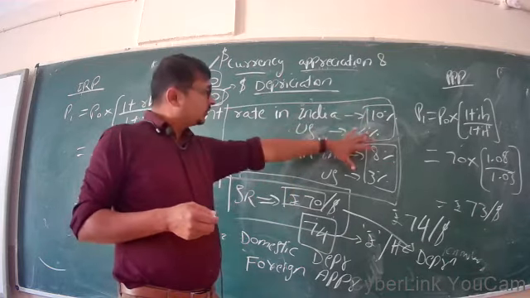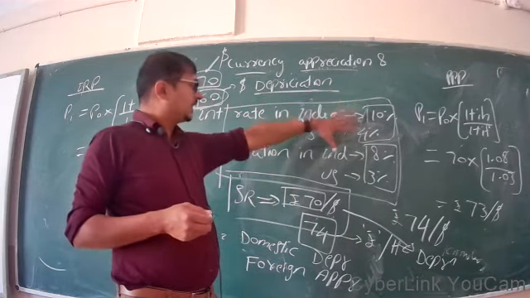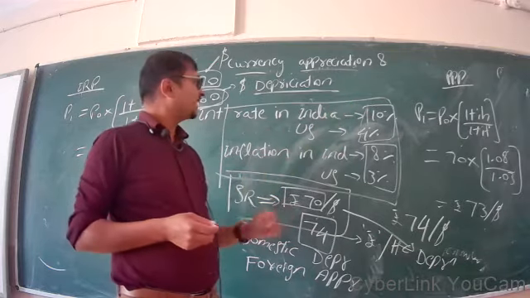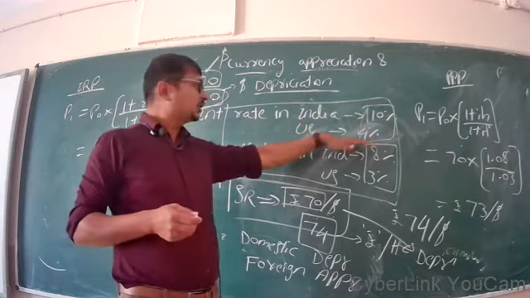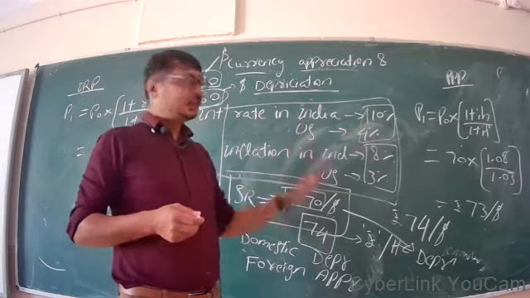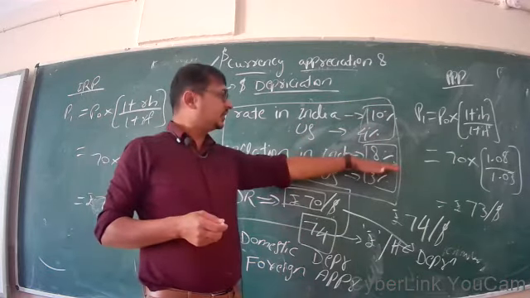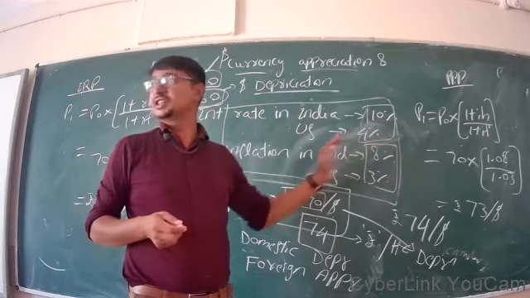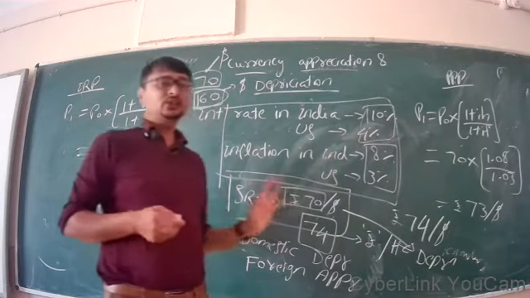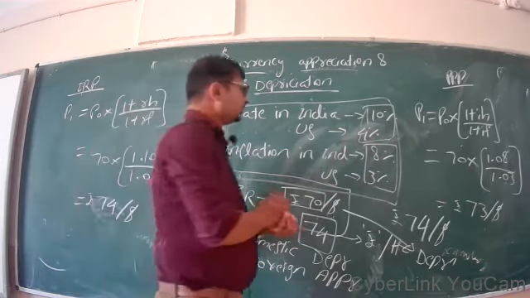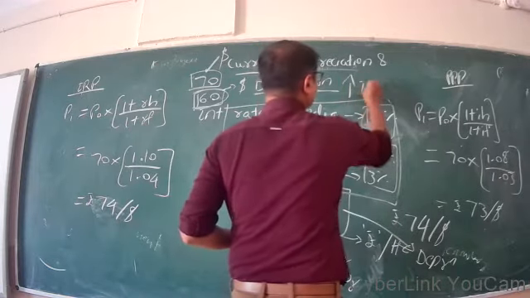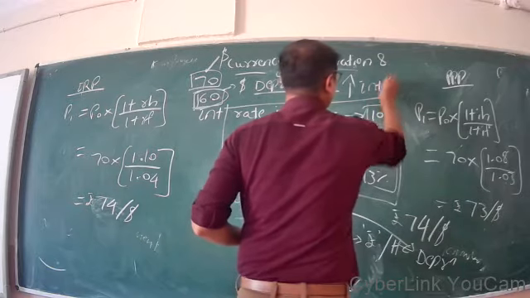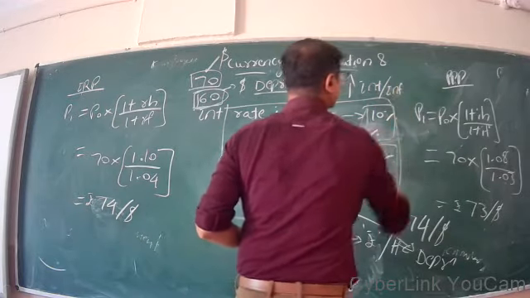Looking at this illustration, what has happened? The interest rate in India was 10% and in the US 4%. Inflation is again greater in India, 8%, and 3% in the US.